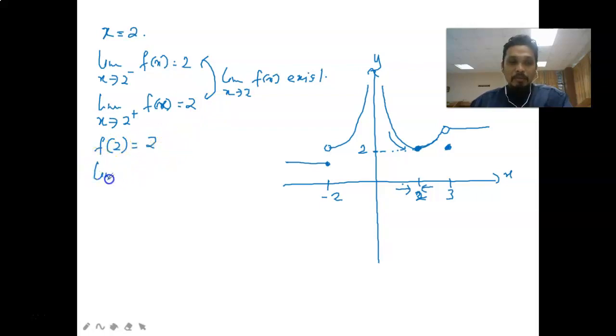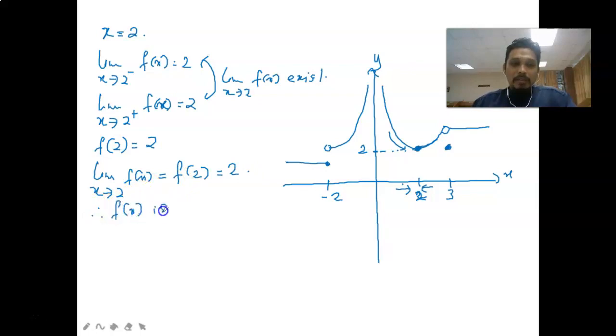So the limit as x approaches 2 of the function f(x) equals f(2), which is equal to 2. So we conclude that f(x) is continuous at x equal to 2. There you go.